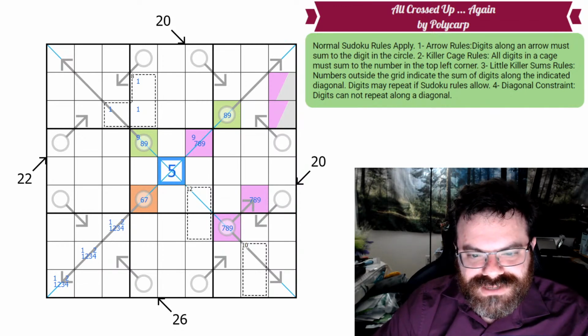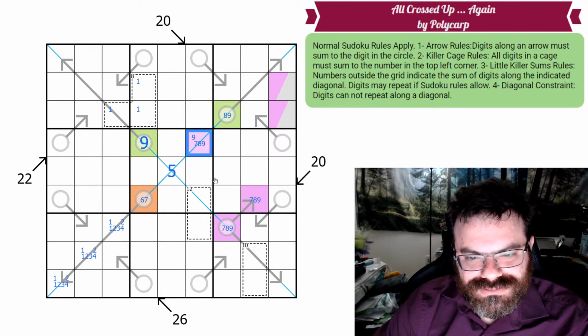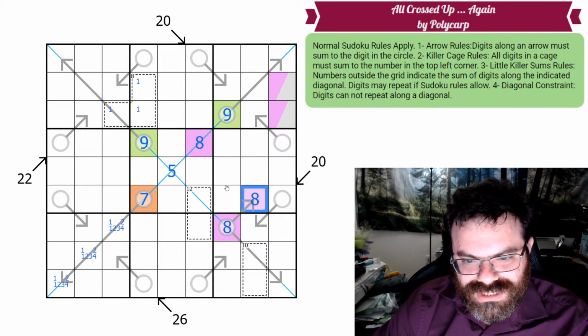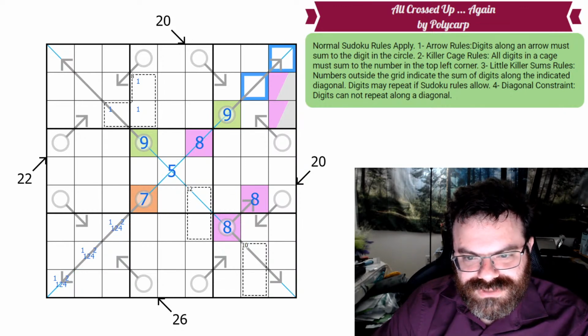Well, if the center is 5, that forces a 9 here. And then this would be a 7. So that would make purple an 8. This would be 1, 2, 4. This would be 3, 5.